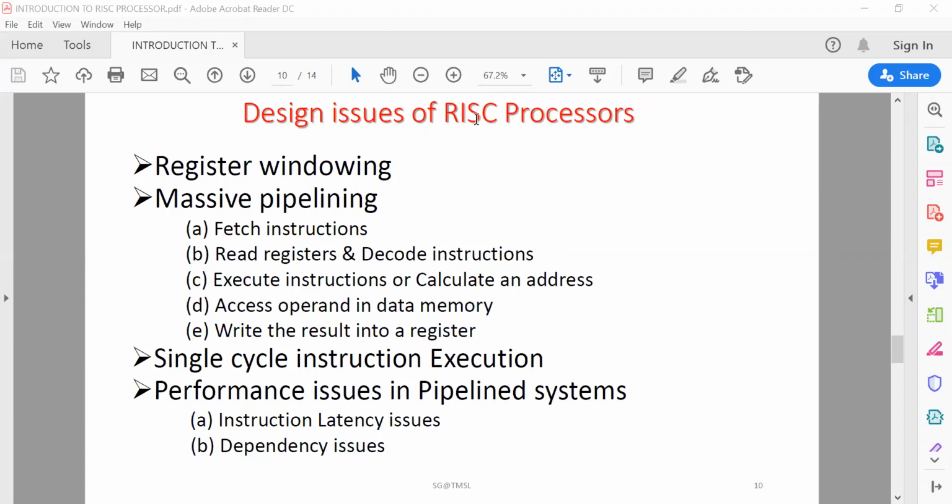Now many hardware engineers are not particular fans of this register windowing. It just puts enormous demands on multiplexers and register ports to make any physical register appear to be any logical register.